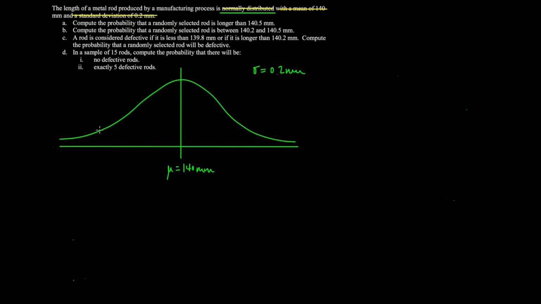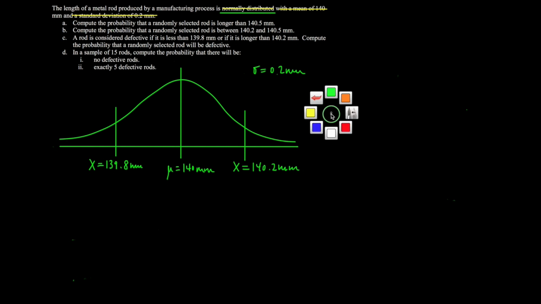So a rod is considered defective if it falls below 139.8 millimeters or if it goes above 140.2 millimeters, right? Compute the probability that a randomly selected rod will be defective, okay?